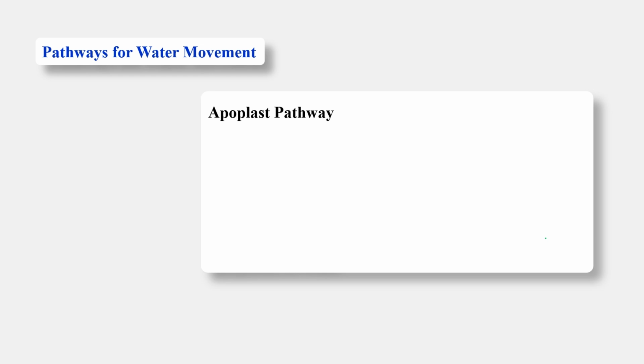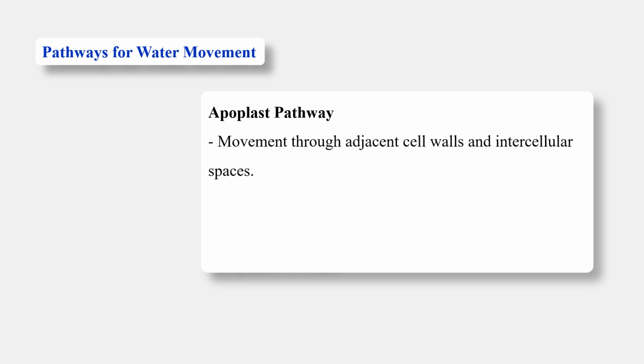Okay, and after that, once it comes inside the root hair, different pathways are followed by the plant. First is apoplast movement, meaning movement through adjacent cell wall and intercellular space.